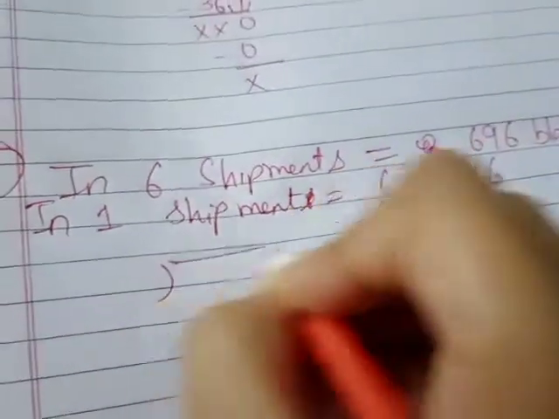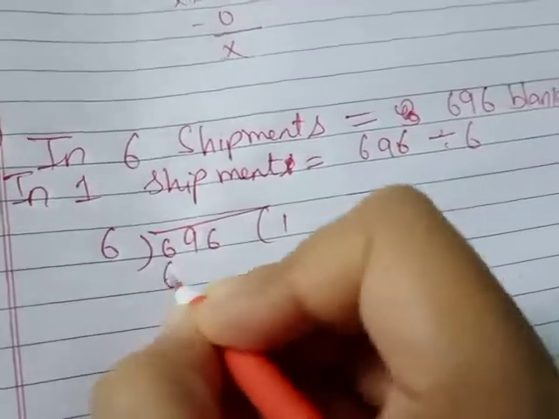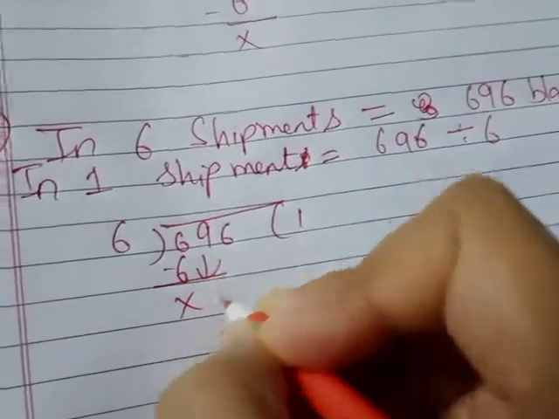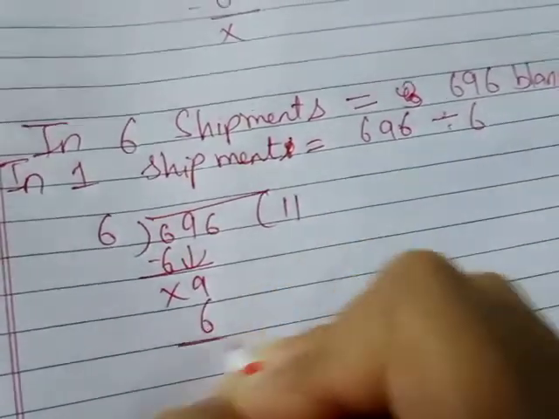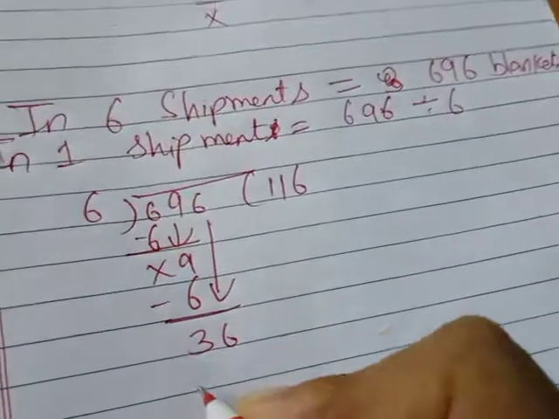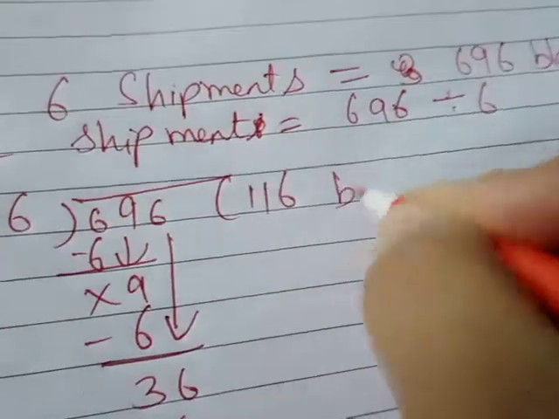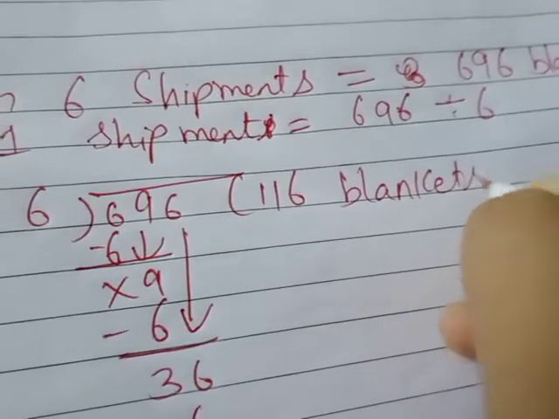While solving: 6 1s are 6, cross, then 9 1s are 6, then 3 will remain, then 6 6s are 36. You can see 116 blankets.